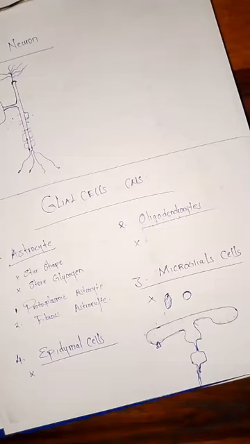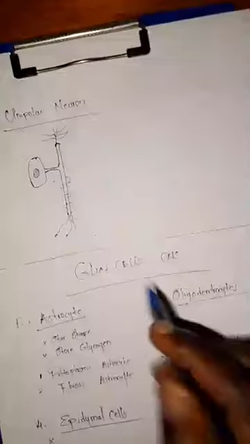We have the astrocyte cells, which appear star-shaped and are also involved in the storage of glycogen, and they are of two types: protoplasmic astrocytes and fibrous astrocytes. The second are the oligodendrocytes, which are involved in the formation of a myelin sheath around the axons of the central nervous system.